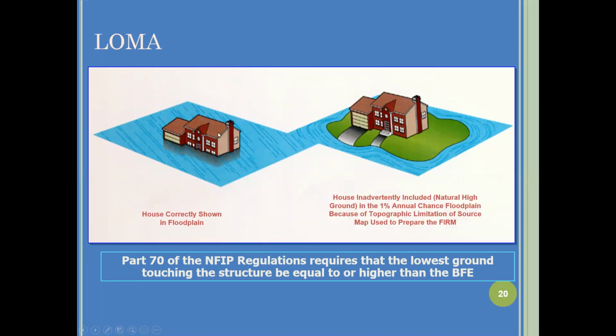On the left-hand side, you see a house that's correctly shown in the floodplain, and the house on the right was inadvertently included, and it can be taken out by a LOMA. Part 70 of the NFIP regulations requires that the lowest ground touching the structure be equal to or higher than the base flood elevation.